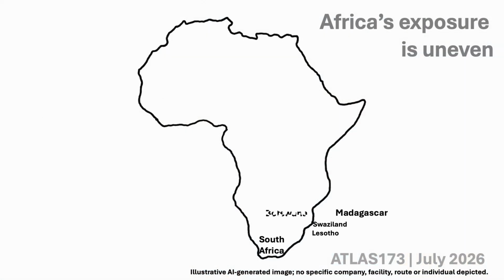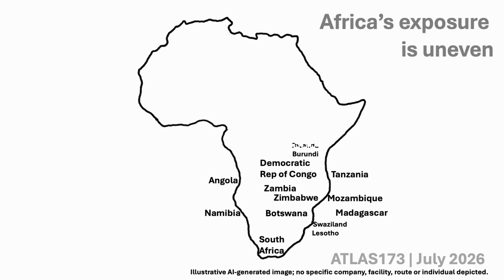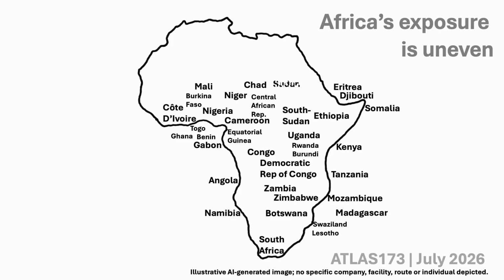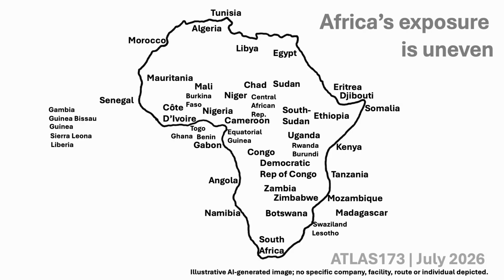There is no single African impact. African countries differ widely in their industrial structures, carbon intensity, energy systems, and dependence on the European market. The greatest immediate exposure is concentrated among countries exporting aluminium, iron and steel, cement, fertilizers, or hydrogen to Europe.